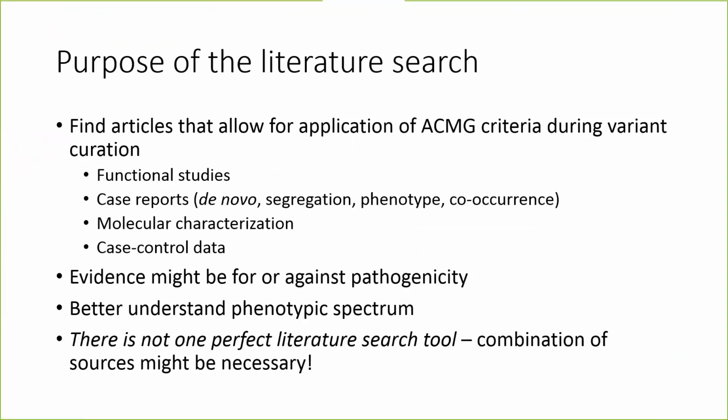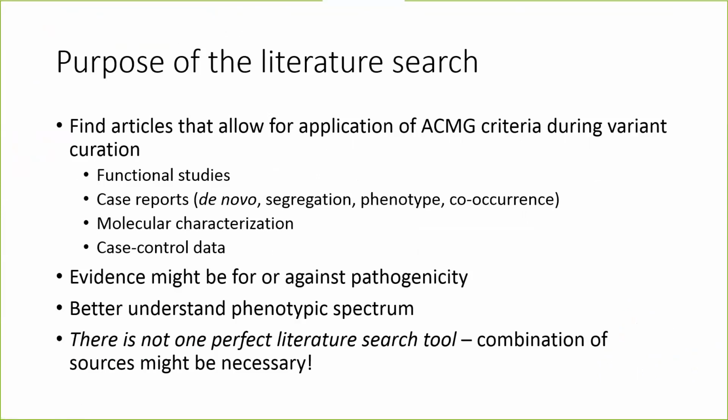Sometimes we might also be doing a literature search that is focused more on the gene curation aspect, or for a clinical person who's trying to better understand the variant found in their patient, to help us understand the phenotypic spectrum. Maybe there are genotype-phenotype correlations present for a particular gene, and so we're looking to see whether our patient's variant has been pinpointed to cause a specific phenotype, or whether it might cause multiple different phenotypes.